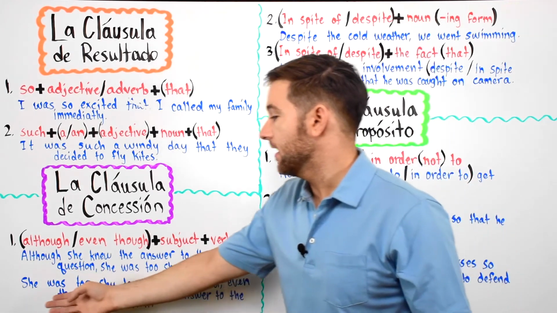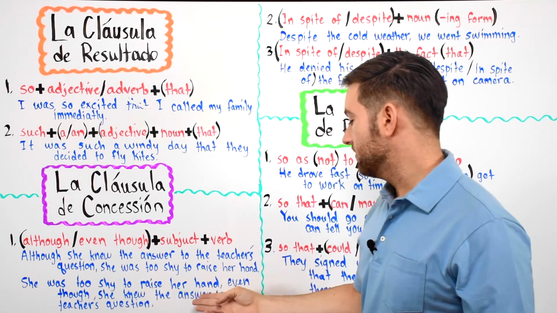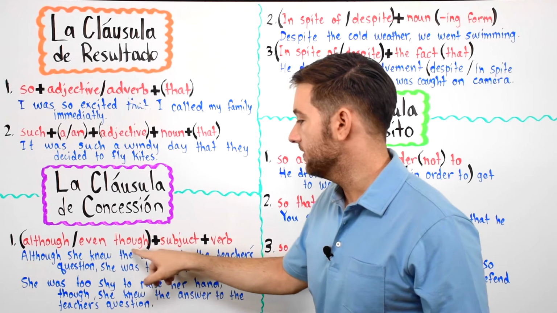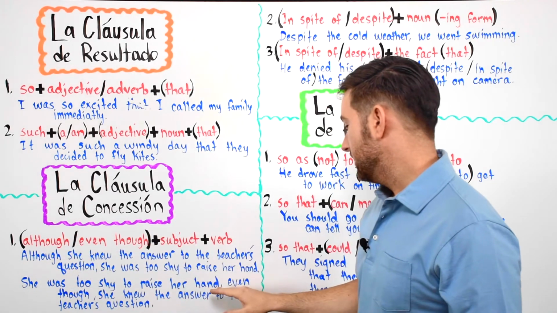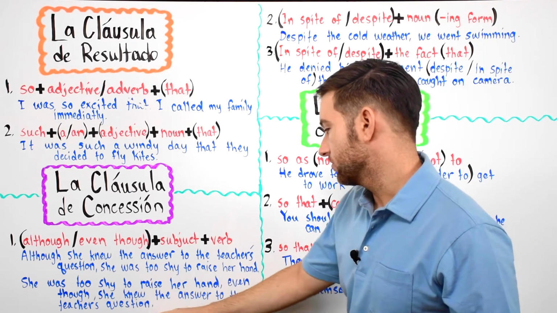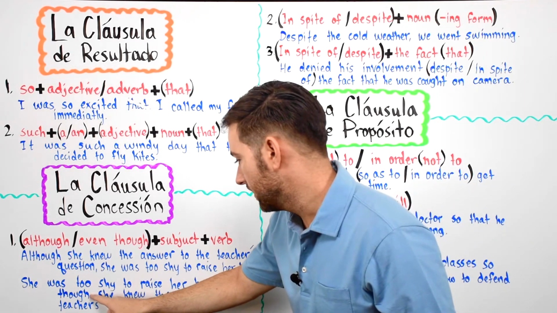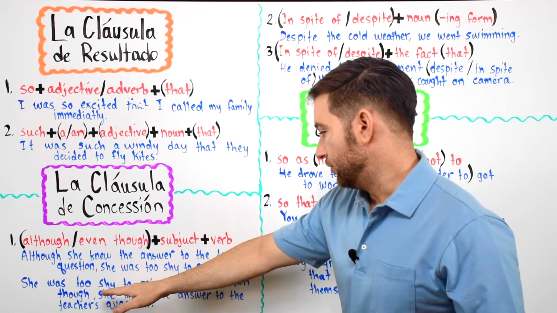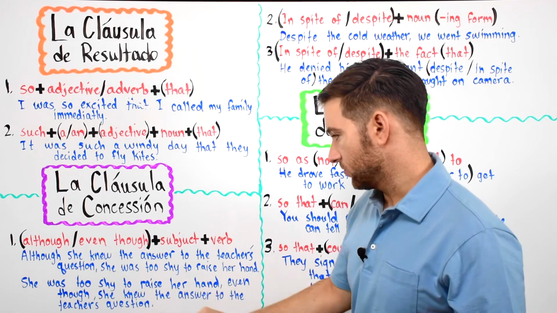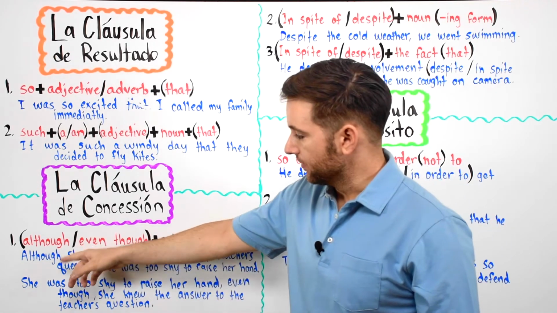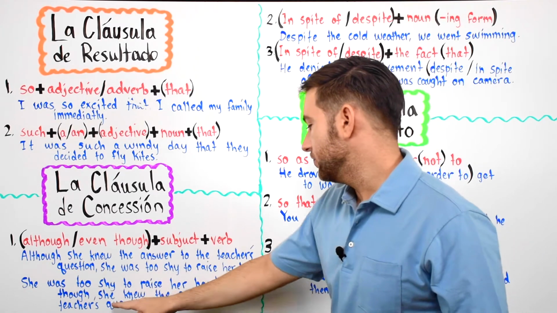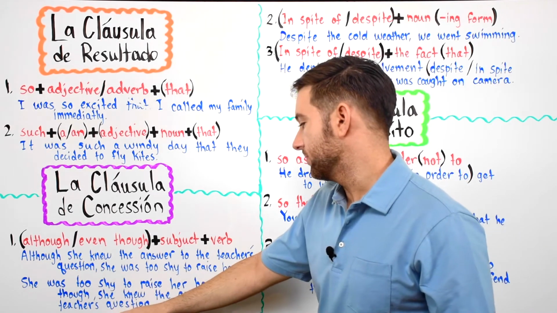So we can have, she was too shy to raise her hand, even though she knew the answer to the teacher's question. Or you can say although: she was too shy to raise her hand, although she knew the answer to the teacher's question.